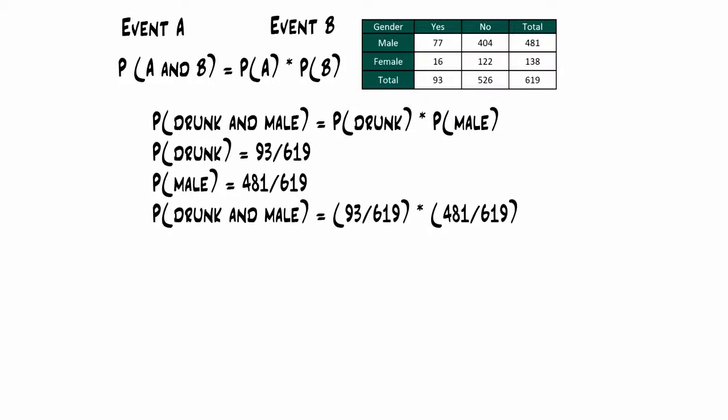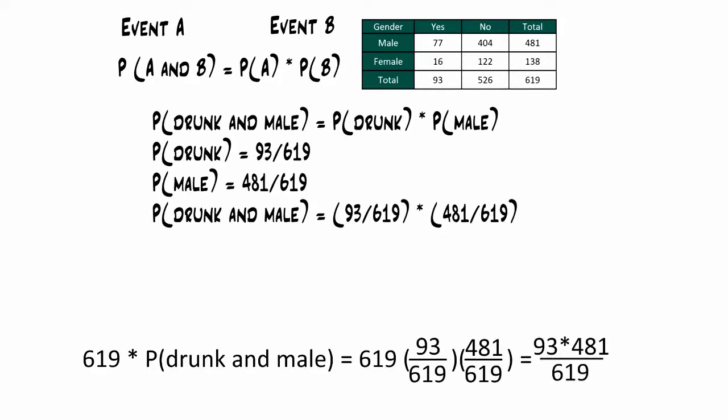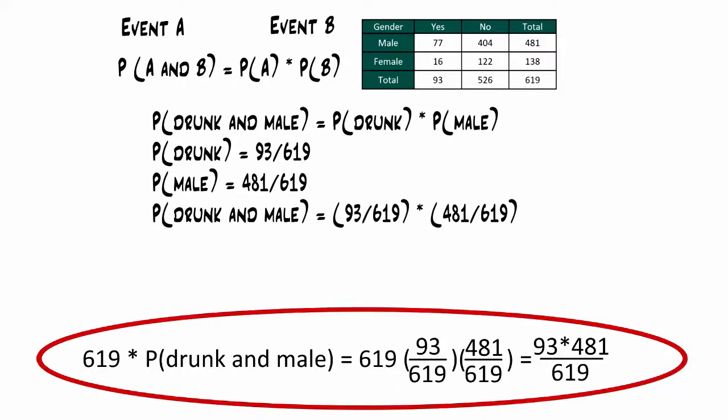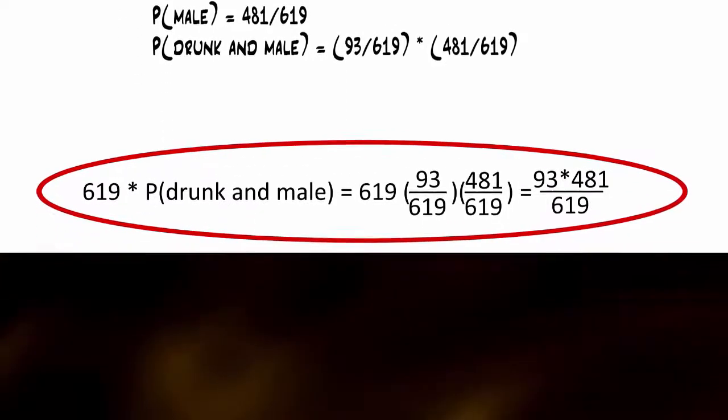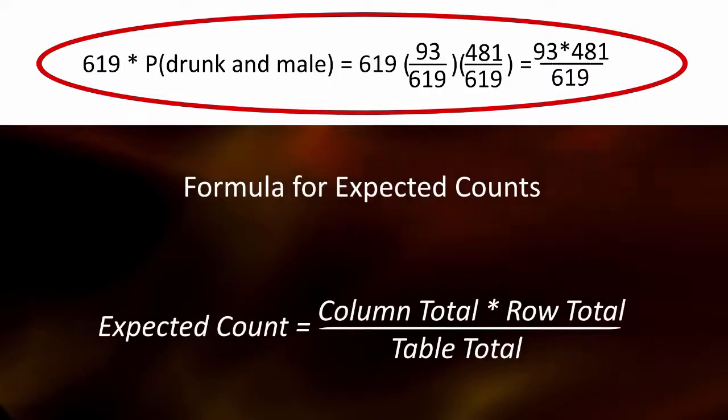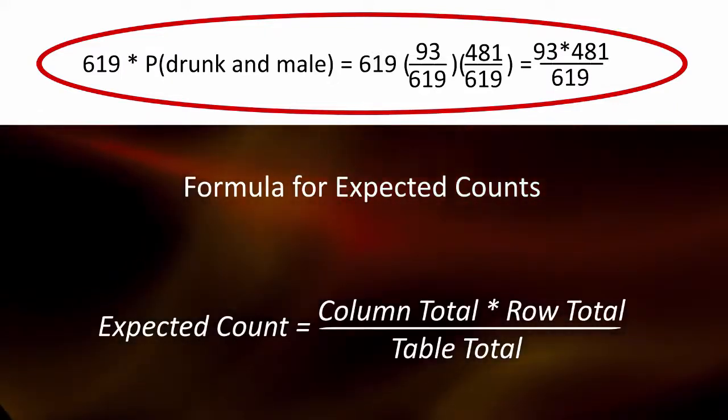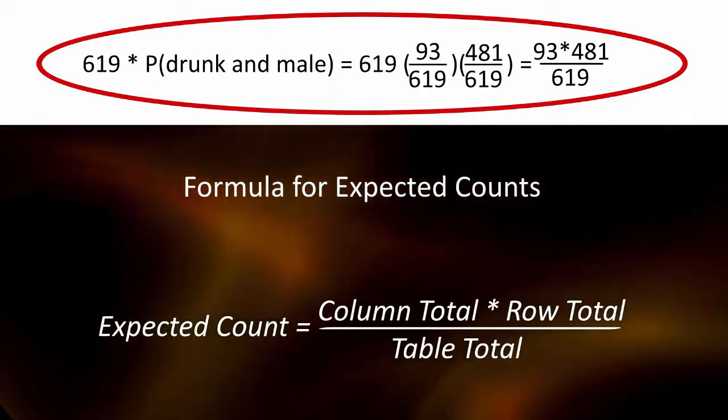Therefore, since there are a total of 619 drivers, if drunk driving and gender were independent, the count of drunk male drivers that we would expect to see are the following, circled here in red. So the formula for calculating expected counts is column total times row total divided by table total.